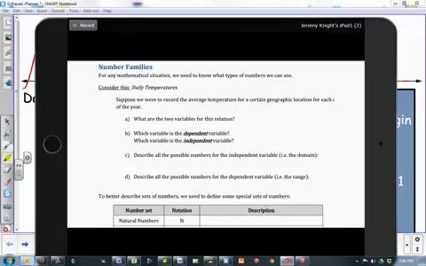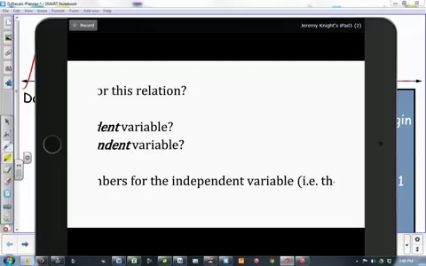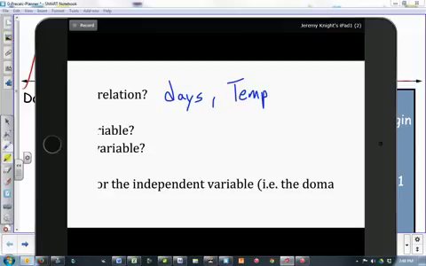We're recording the average temperature for every day, so we have time or days and we have temperature. So those are our two variables there: days and temperature.